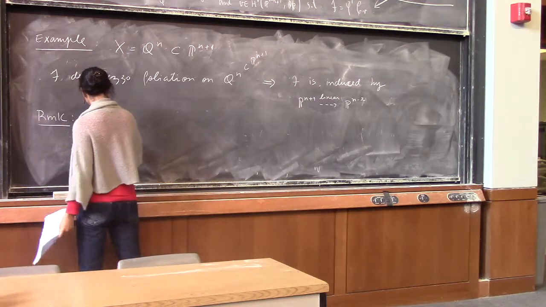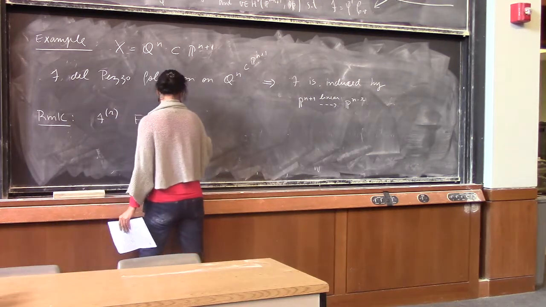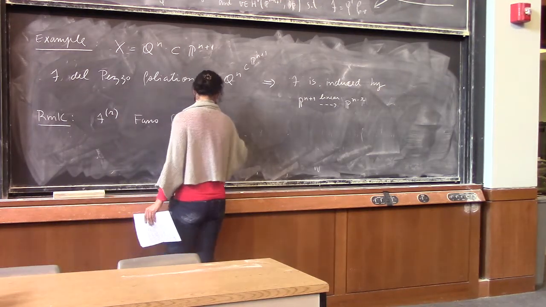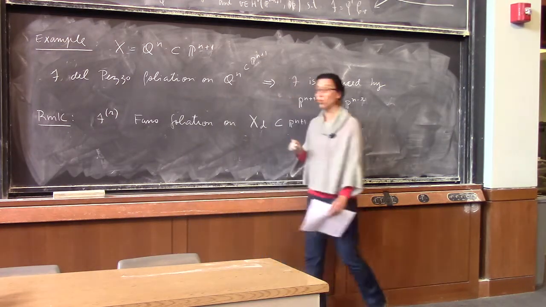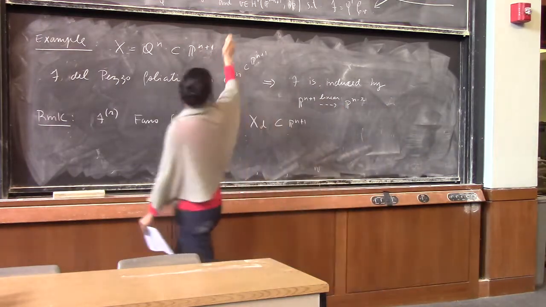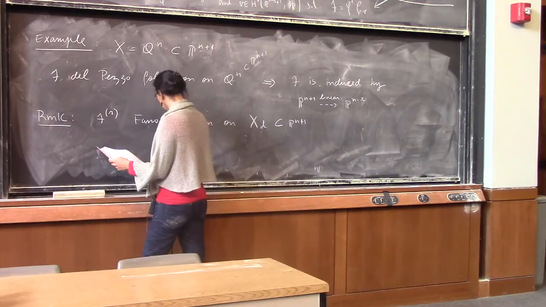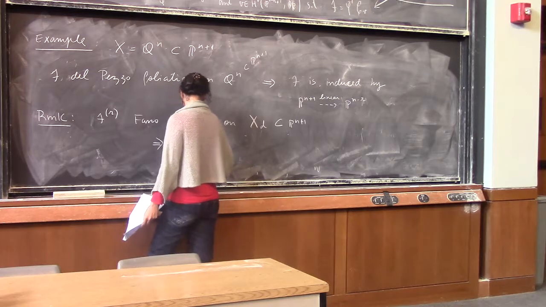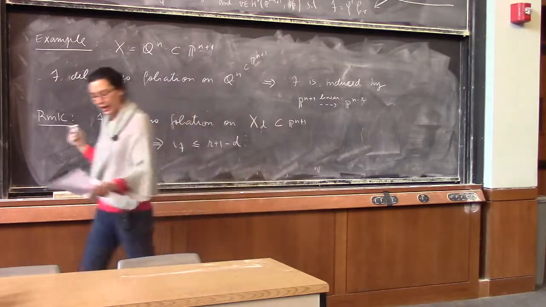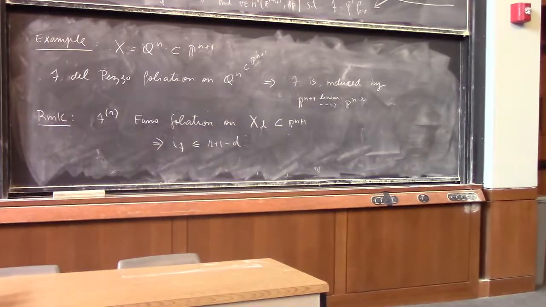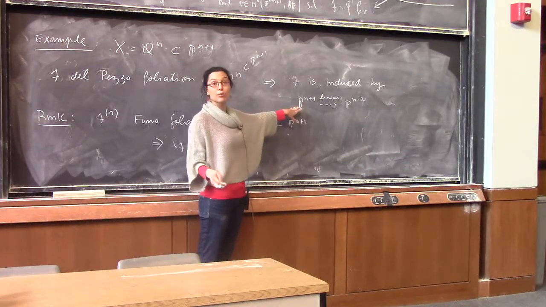To be precise, if I have a foliation F of rank R on a smooth hypersurface of degree D in Pn plus 1, then an easy computation of homology groups shows that the index of the foliation must be at most R plus 1 minus D. And this upper bound is attained exactly by the ones given by restriction of linear projections.